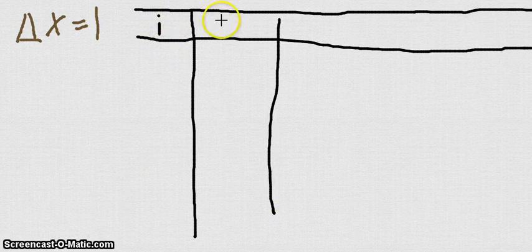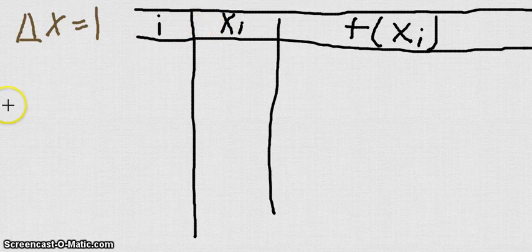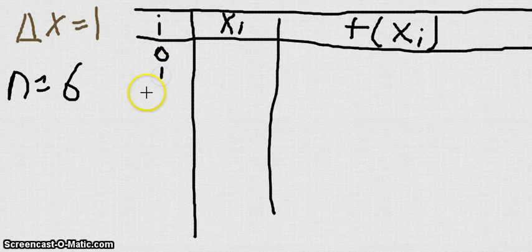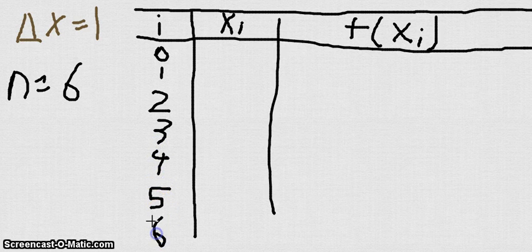The first column is the i, and the second column is the xi. Last one will be the function substituted by the xi value. The i, we follow the n value, which is 6, starting from 0, and then 1, 2, 3, 4, 5, and 6.